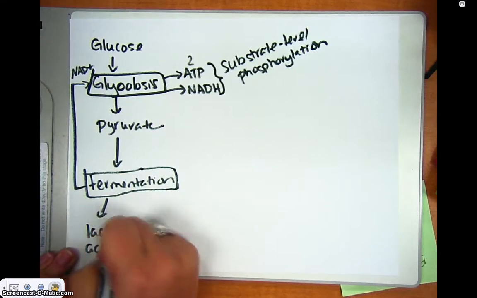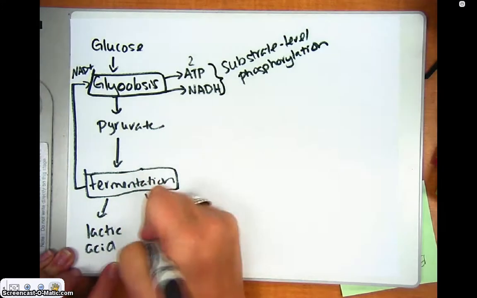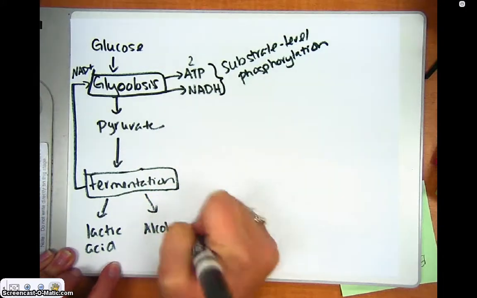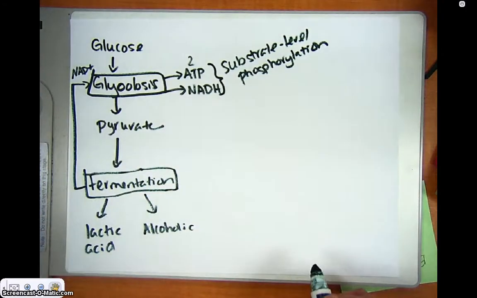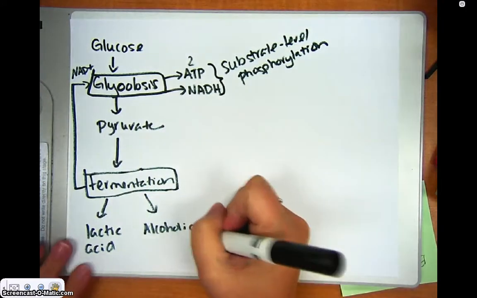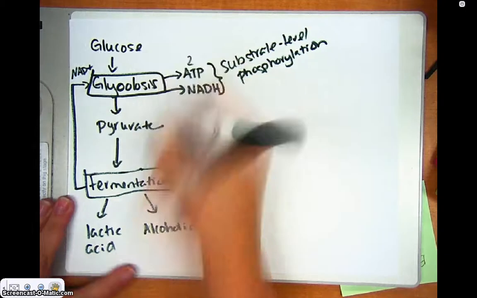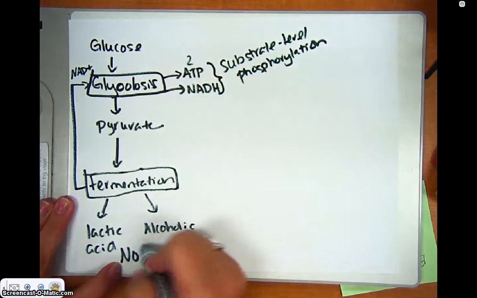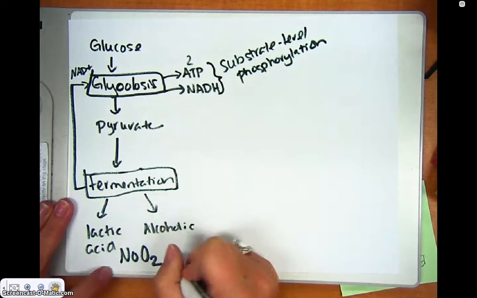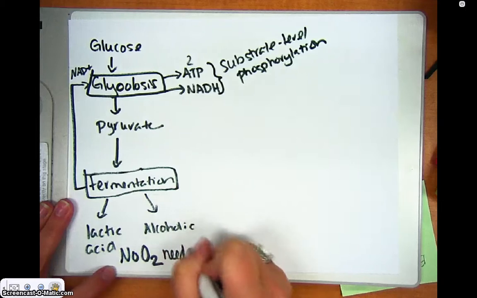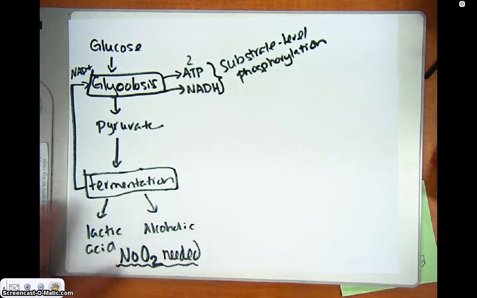So we have acidic or alcoholic fermentation, and these are byproducts that we use for making beer or something like that. And remember that this entire process requires no oxygen. So no oxygen is needed for this process.